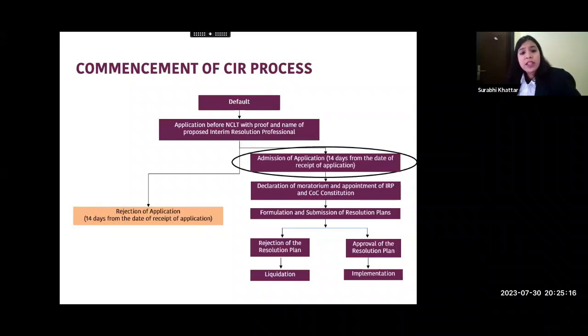If, however, COC comes to the conclusion that no feasible or viable plans have come forward and there is no suitable resolution plan, therefore they will vote for liquidation of the corporate debtor, and in that case, the corporate debtor will then proceed towards liquidation.